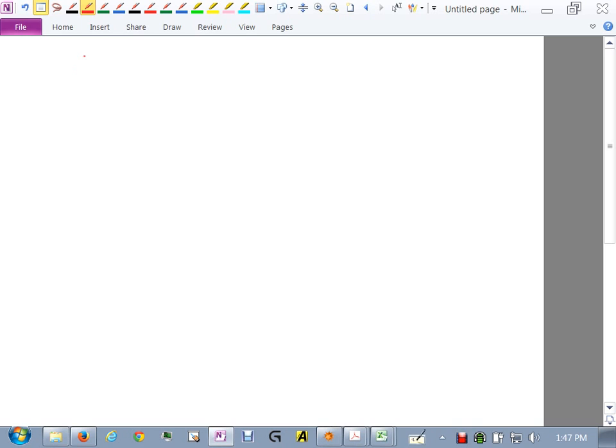Well, you know what? Before I do that, let's get some new notation, because I get tired of writing this capital F of x. Notation.